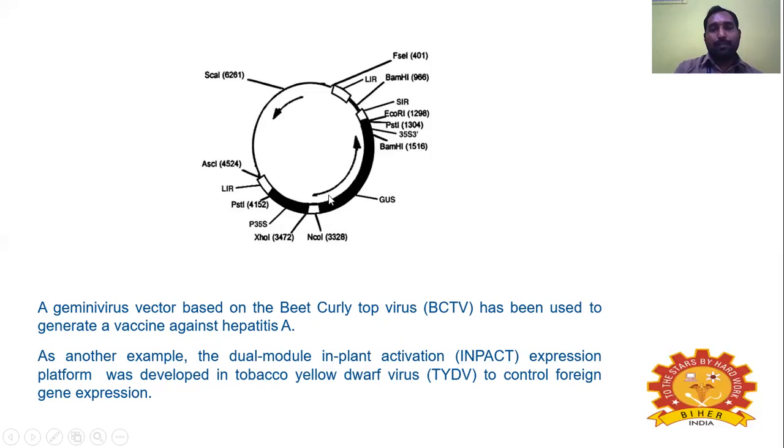So these are the regions found in the Gemini virus. And the Gemini virus based on the beet curly top virus has been used to generate vaccines against hepatitis A. And as another example, a dual-mode plant activation expression platform was developed in tobacco yellow dwarf virus to control foreign gene expression.